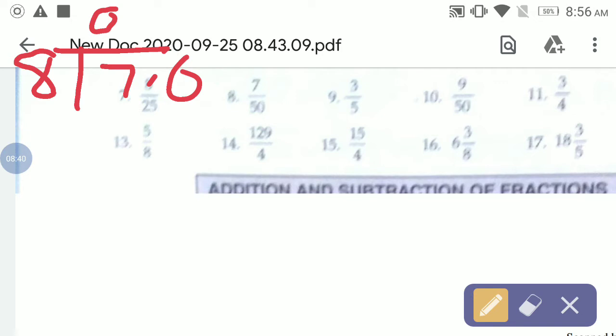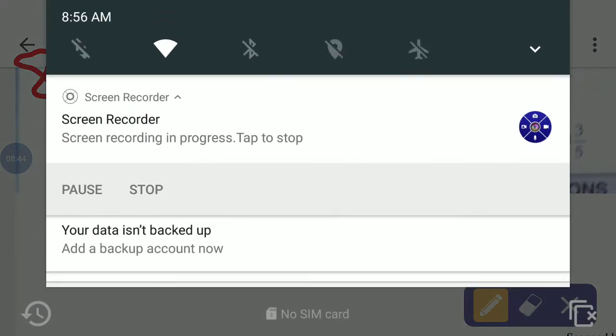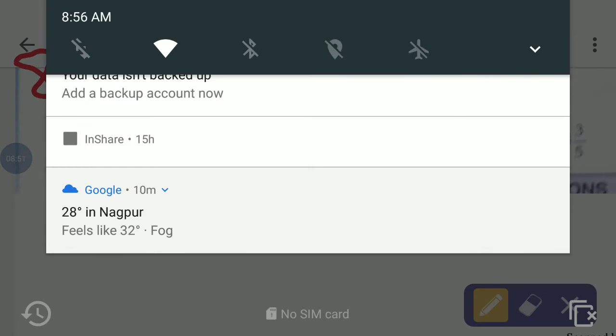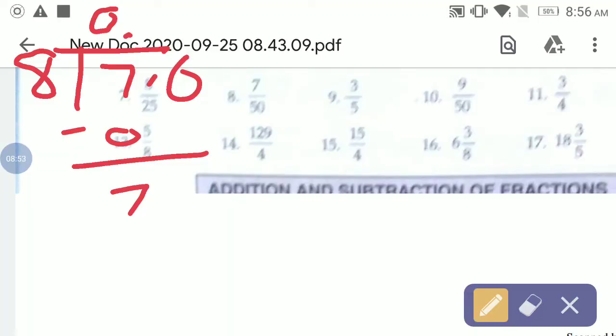Now it's very simple that as 7 is smaller than 8, so 7.0, and so you will divide it by 0, that is 7, then give the decimal point. If you give here the decimal point, then you can take this 0 down, and now it becomes 70.